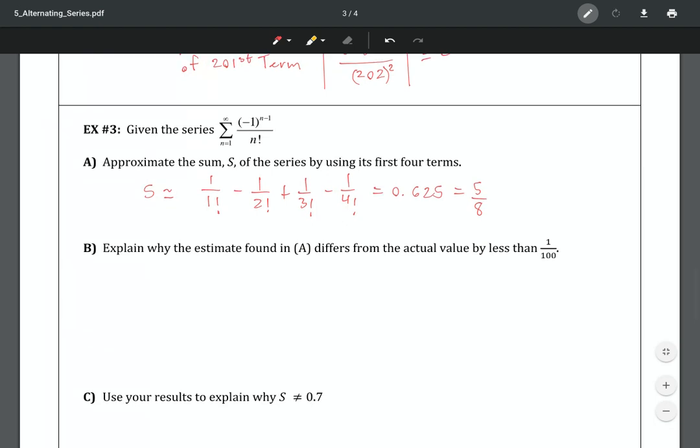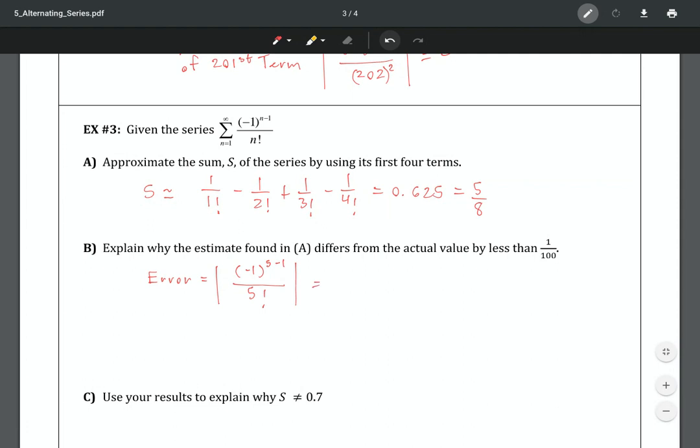Now it says explain why the estimate found in A differs from the actual value by less than 1/100. Okay, so what I can do on here is I can go to my error. My error is going to be the next unused term. Because I wrote 4 terms in the series, I'm going to go to the 5th one. So I would have the absolute value of -1 to the power of 5 minus 1 over 5 factorial.